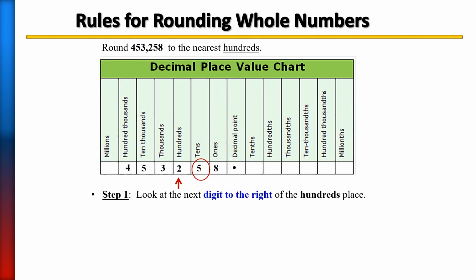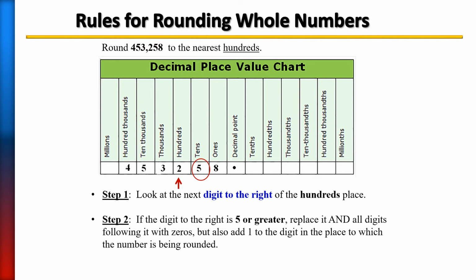If that number is 5 or more, which it is, we're going to replace it and all the numbers following it with zeros, but then we're going to add 1 to the place value that's being rounded.